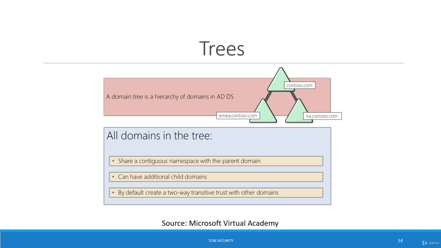We have a division in North America, so we've got na.contoso.com, and then we have the European, so we have emea.contoso.com. So when we have trees, we have this parent, and then we've got these children when it comes to domain. And they have what is called a trust with them that is two-way transitive. And we'll talk about trust here in just a little bit. But just know that you have the parent, and then you have the children, and they share namespace, and they share some trust between them.